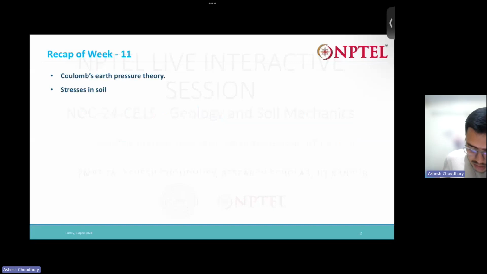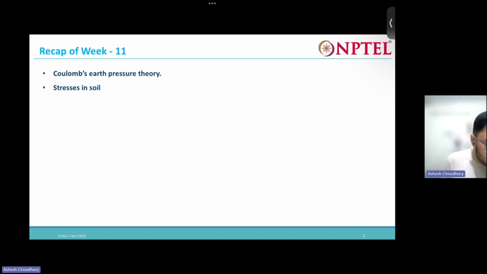In the last theory class, these things were discussed with you: Coulomb's earth pressure theory, and then the stresses in soil. So Coulomb earth pressure theory means what? Generally, when we have a retaining wall, we consider that there is no friction between the wall and the soil, right?